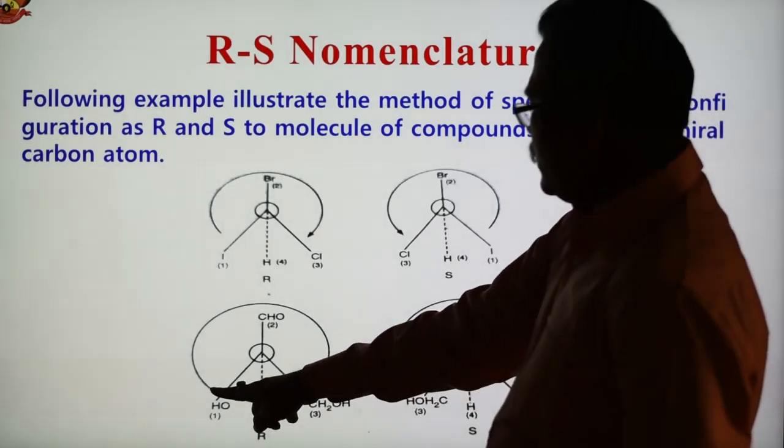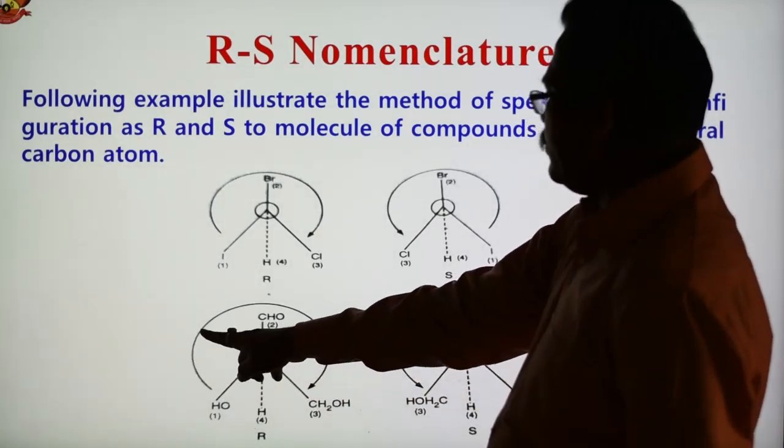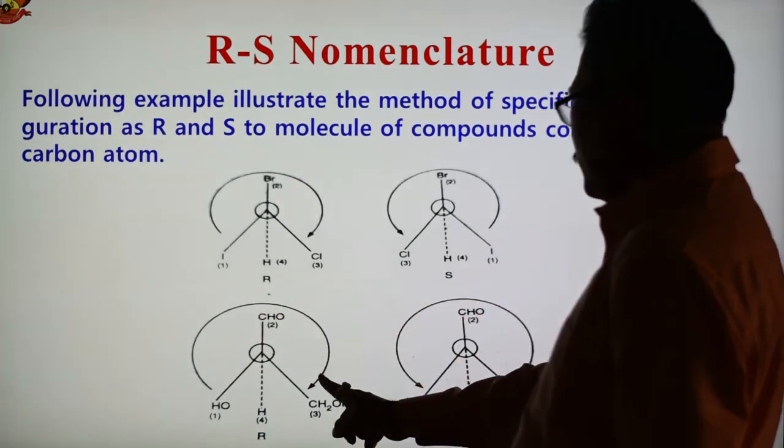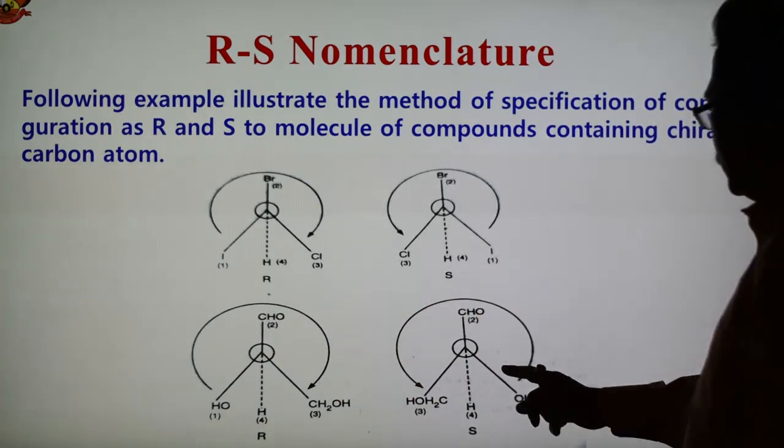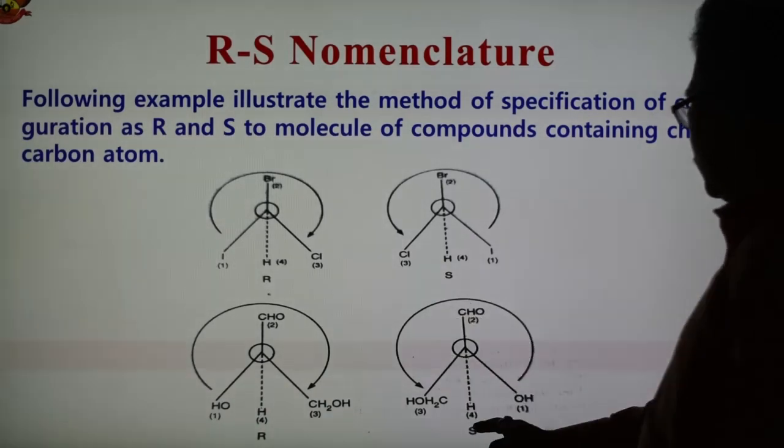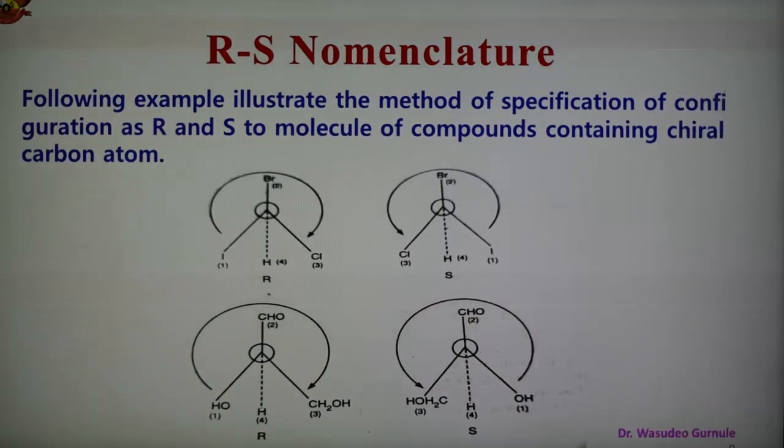According to decreasing polarity order, this is clockwise, therefore it is R, and this is anti-clockwise, therefore it is S. So R and S configuration can be decided on the basis of the 1, 2, 3 polarity order of the 3 atoms or groups, with the last polarity atom away from us, and see the first 3 in decreasing order of polarity.